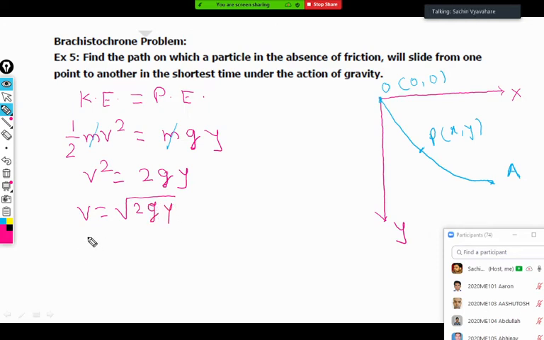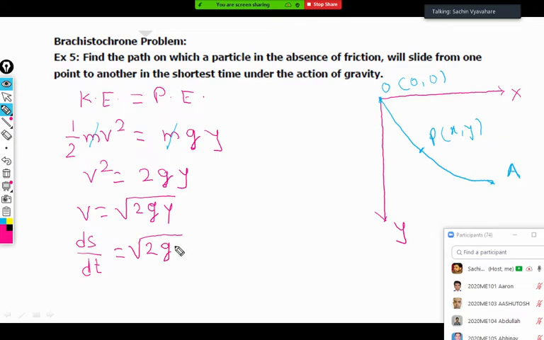What is v? v is ds/dt, the rate of change of displacement. Here the displacement is along the arc, so it is ds/dt, where ds is a small arc length. So ds/dt is root 2gy.